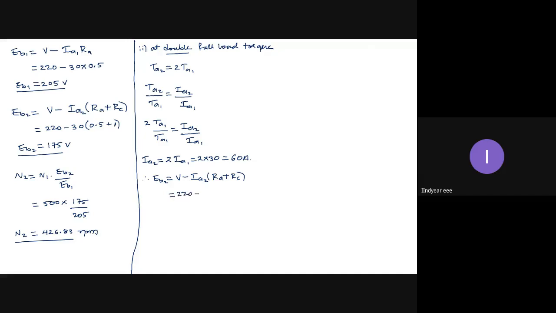So 220 minus 60 into (0.5 plus 1). So EB2 is 130 volts.